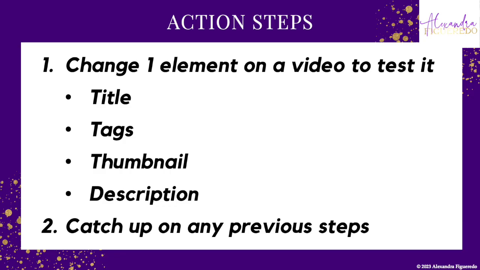So I would love for you to test one little element. If you can do more, do it, but just try one thing. Maybe it's changing the title or a tag or a thumbnail or the description of your video. I'd love for you to test something to see if that helps to trigger the algorithm on your videos.